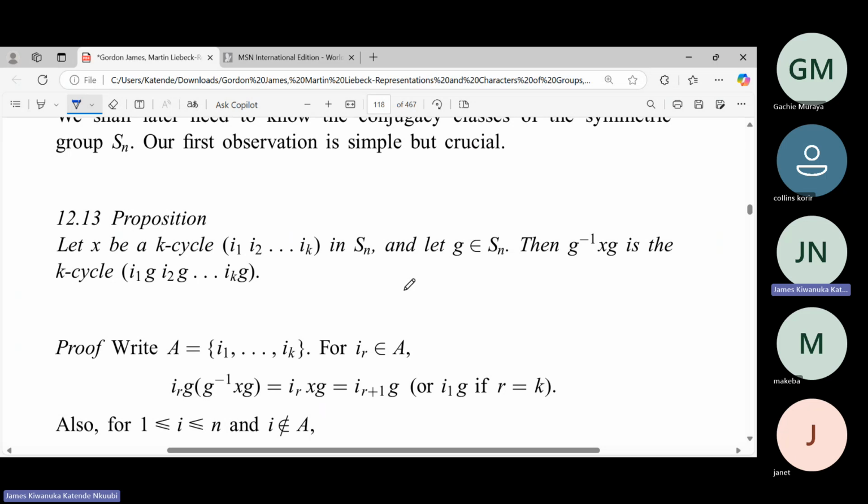So we'll use some observations. We studied this last time. We know the following. If you have a cycle (i1 ... ik), so for instance, let's just make this simple. Suppose you have a cycle (1 2 3).